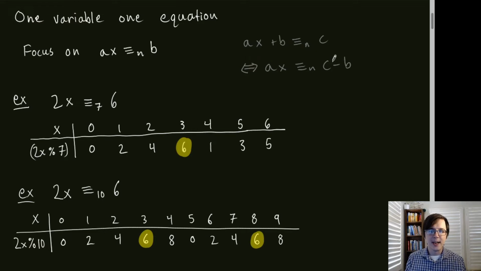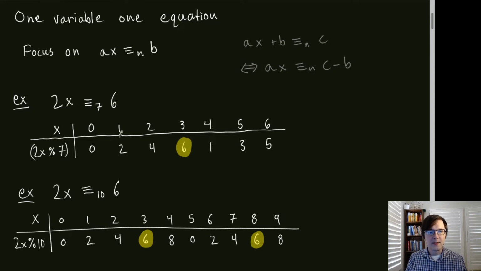But we can subtract b from both sides because of modular arithmetic to turn that into ax is congruent to something mod n. So we can just bring all the constant terms from one side to the other, and that is why we are considering just this case.